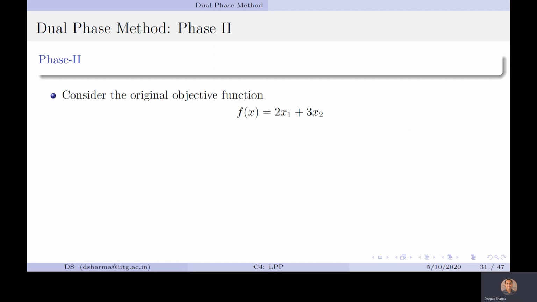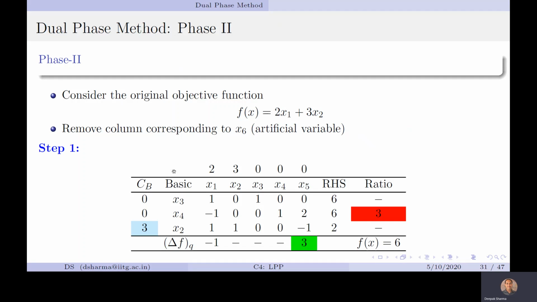Come to phase 2. Phase 2 says that now we have to consider our original objective function, which is 2x1 plus 3x2. We can now remove the column corresponding to x6 because it has no role in the optimization. So step 1: the same table which we found in the last slide, we are writing the same. And what is the difference here?